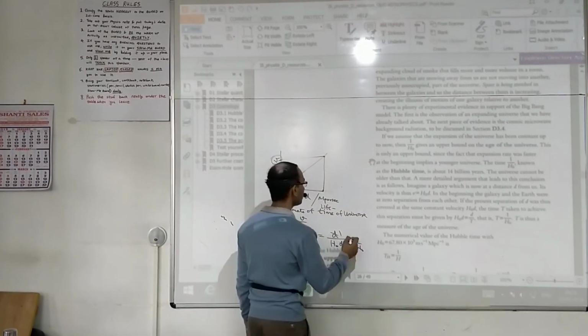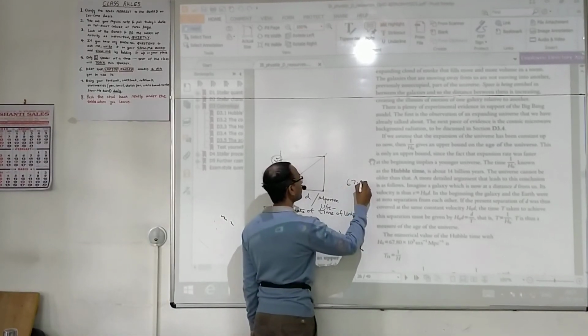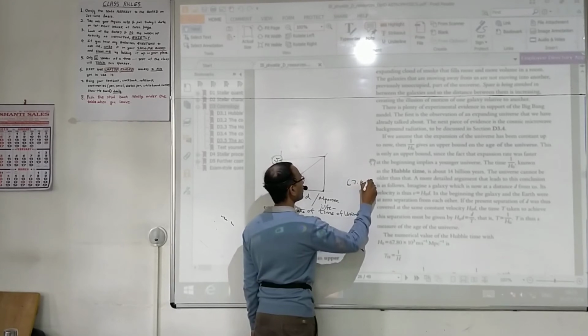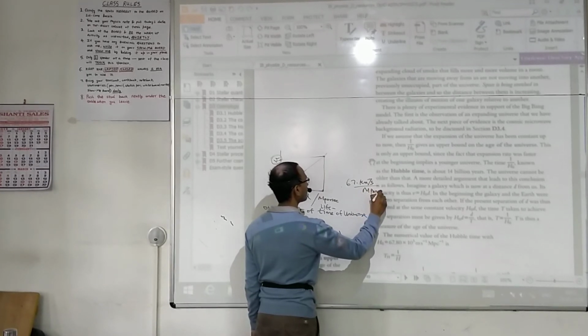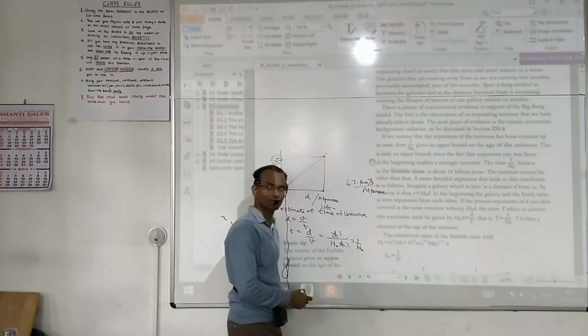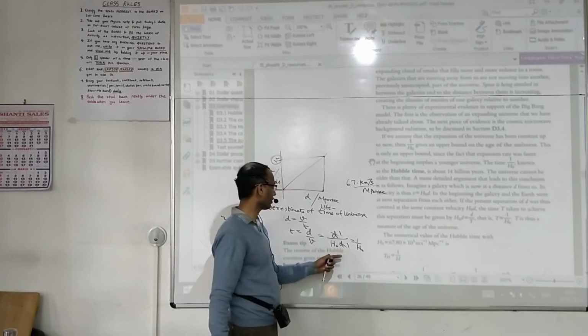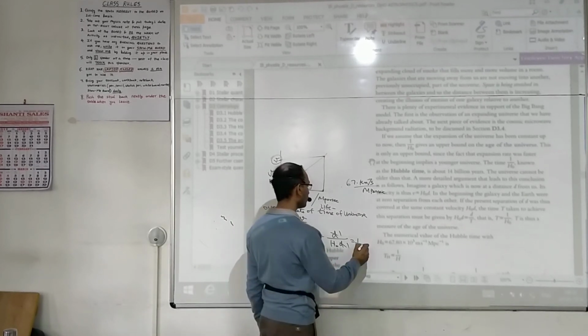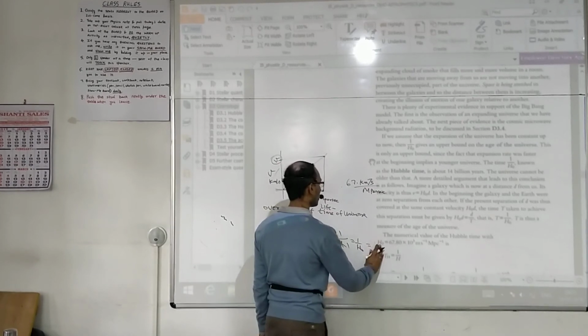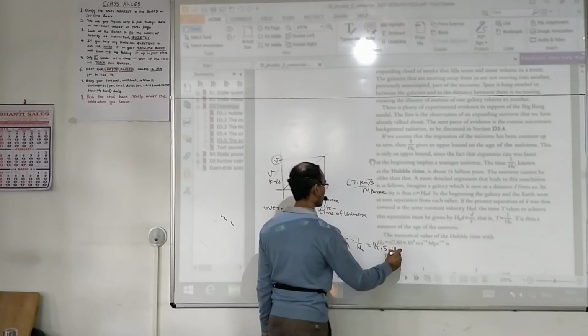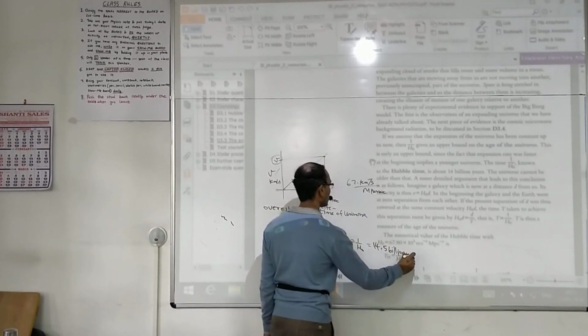Hubble's constant is some 67 point something kilometer per second per megaparsec. So 1 by 67 of that will give you the time, about 14.5 billion years, which is an overestimate.